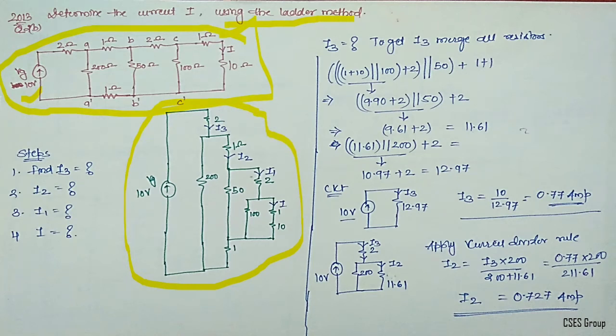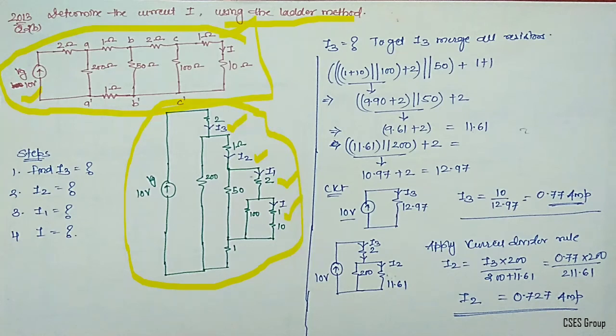So what are the steps involved in this? If I redraw it, I am giving the nomenclature as follows: the current flowing in the initial branch is I3, then the next step it is I2, then the next step it is I1, and the last step is I, which is required for us.